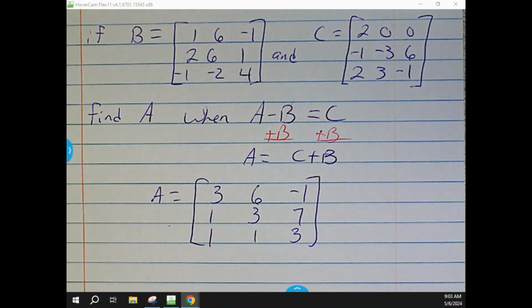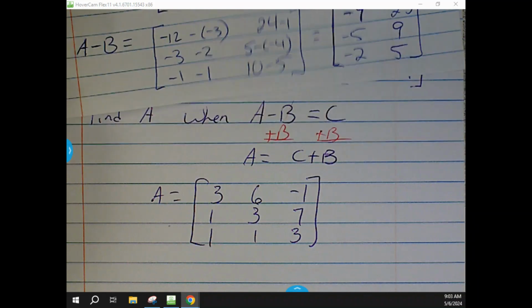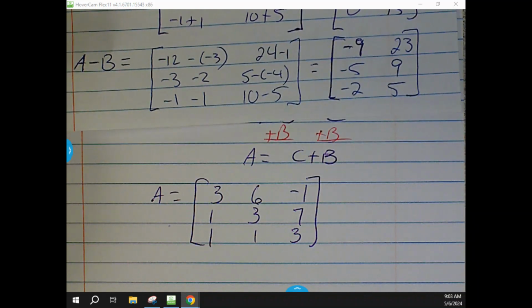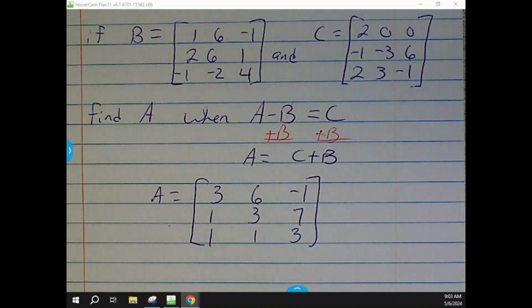If it's addition, I would say you're pretty safe to do that in your head. If it's subtraction, I know it's easy, but don't do all that in your head. Actually write out the subtraction so that you see it. Because if one number is off, the whole thing is wrong.